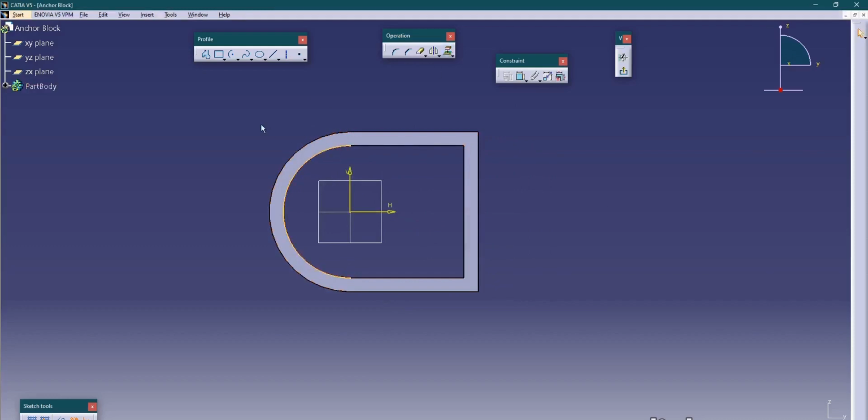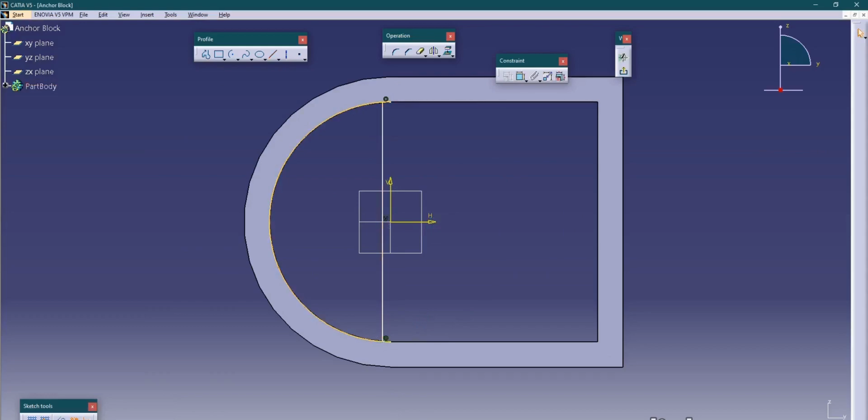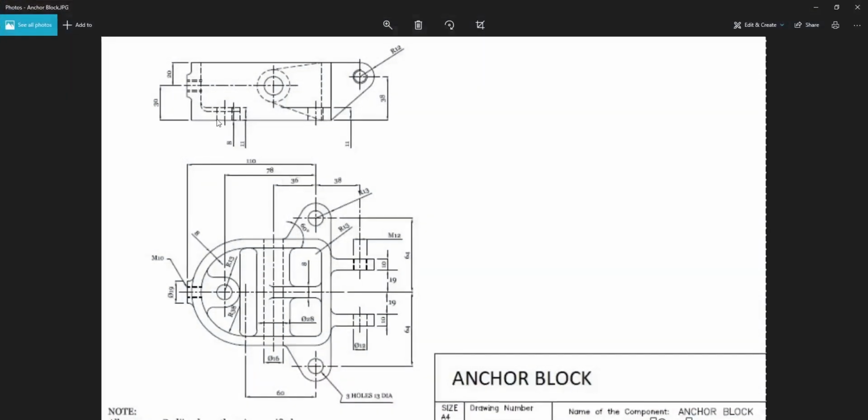Now projecting this, and let's take a line.